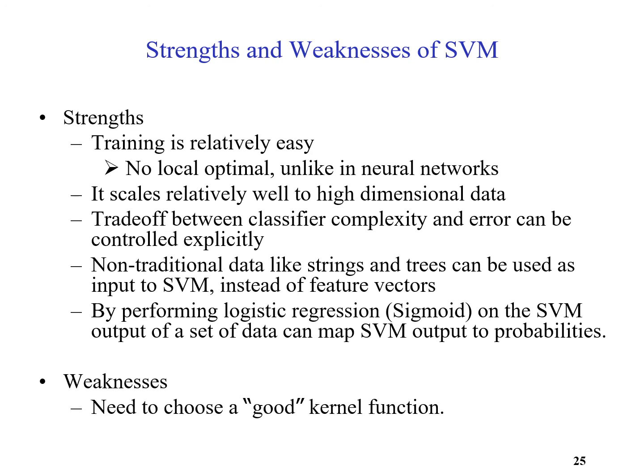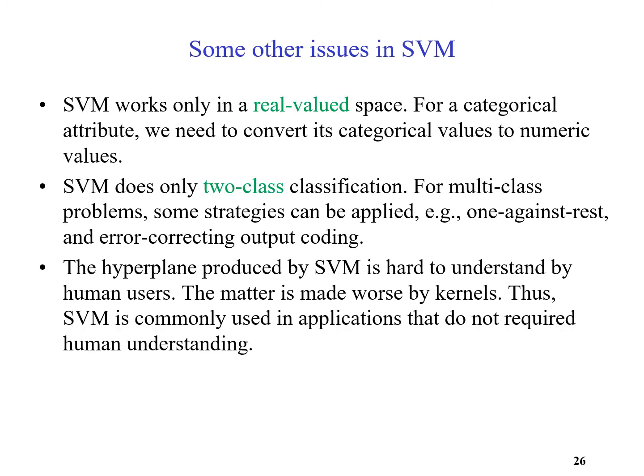Weakness: you have to choose a kernel function, and there is no clear guideline for it. Maybe you just try different kernels and compare the results. That's the only tool we have. So that is a weakness. Some other issues in SVM: SVM works only in a real value space, so every data should be a number.